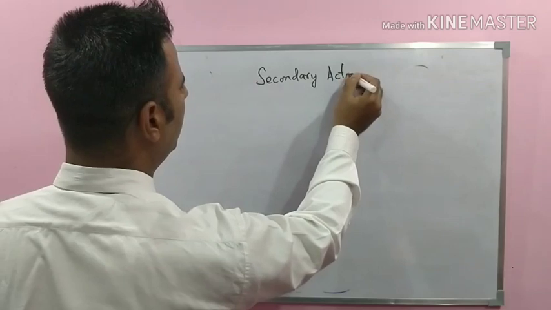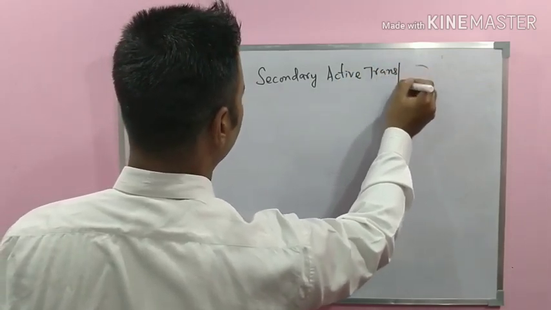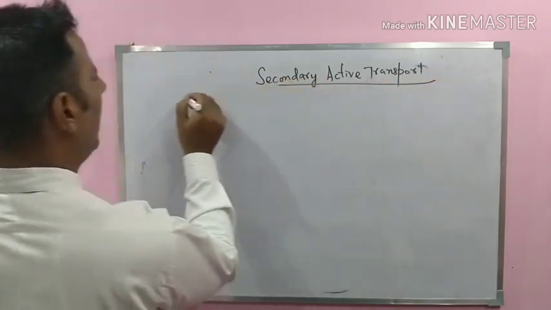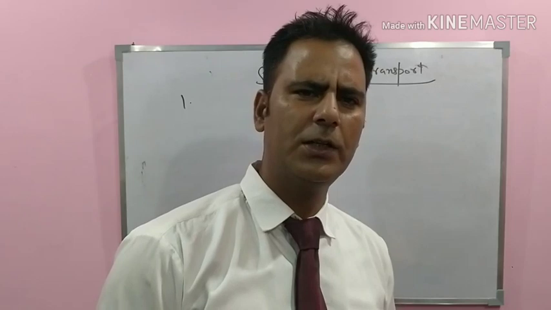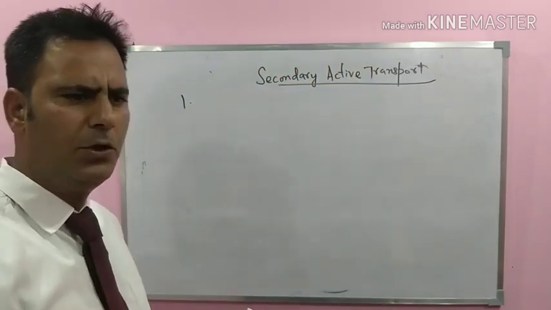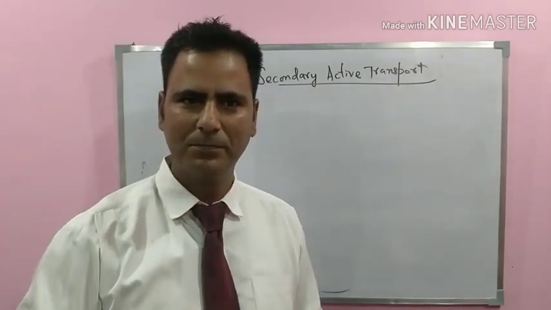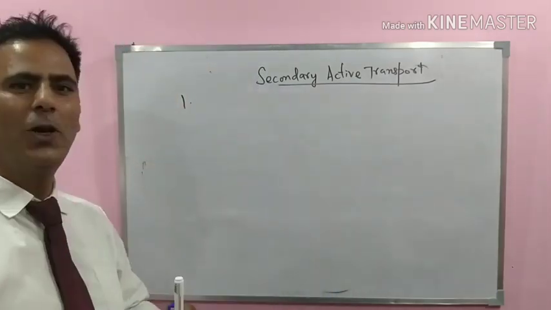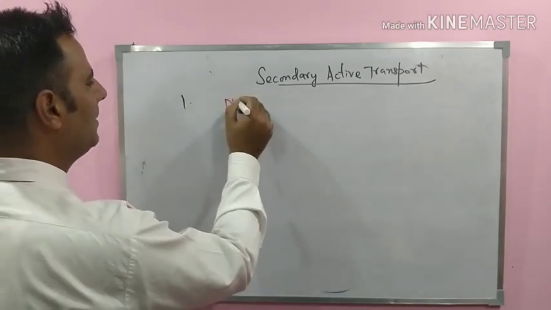It is very simple, but we need to understand this. Secondary active transport. If we make a comparison between primary active transport and secondary active transport, primary active transport requires energy, and that energy is coming in the form of ATP. Here, it also requires energy, but it is not coming in the form of ATP.